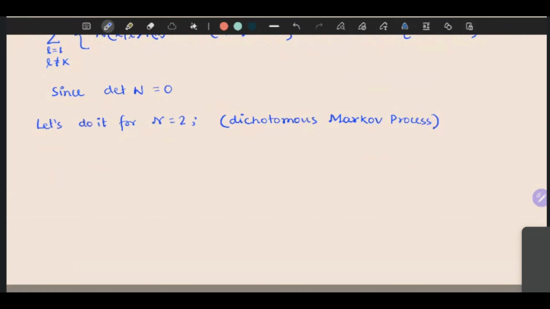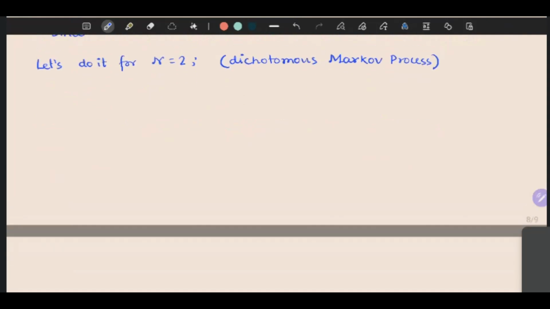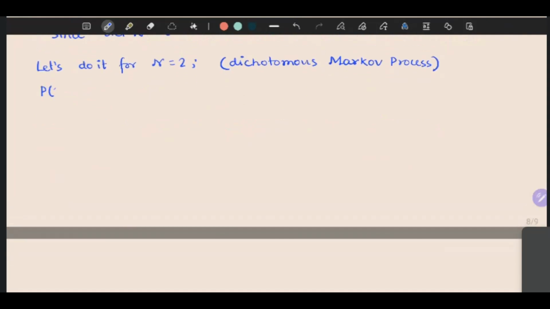Basically we do not know these ratios, P of 2 by P of 1, and P of 3 by P of 2, and again we will use this equation that for k equal to 1 to n, all the probabilities should add up to 1. Okay.